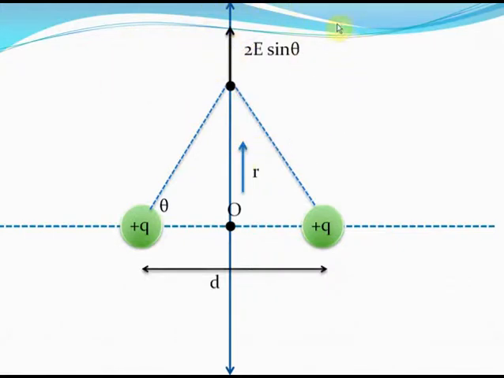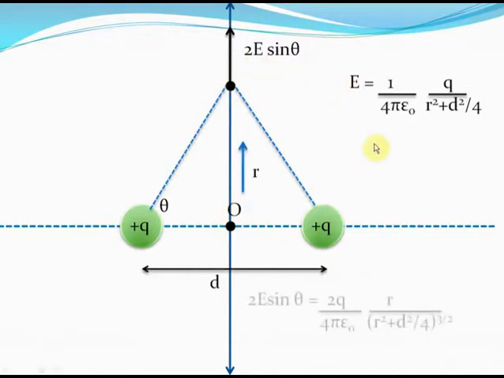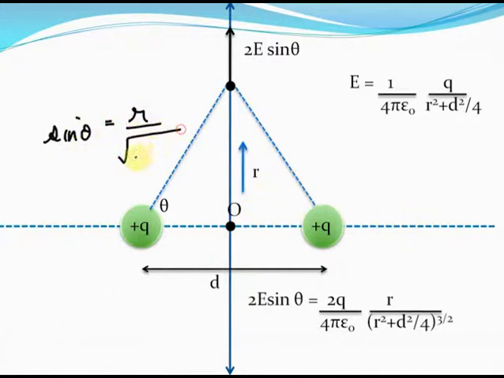We can even calculate the magnitude of this electric field along the y-axis. After all, we know that E is 1 by 4 pi epsilon naught into q by r square plus d square by 4. After all, r square plus d square by 4 is equal to hypotenuse square, which is the distance of each of these charges from the point on the equator, isn't it? So we know the value of E. Similarly, sin theta can be written as sin theta equal to r divided by square root of r square plus d by 2 whole square, isn't it?